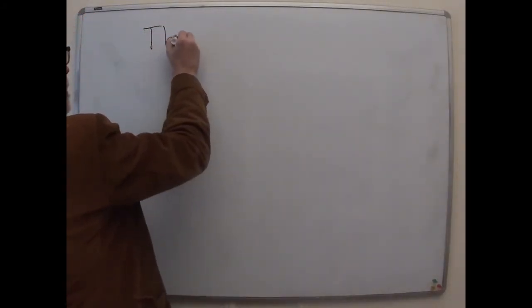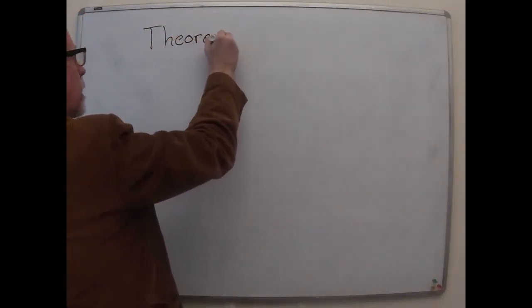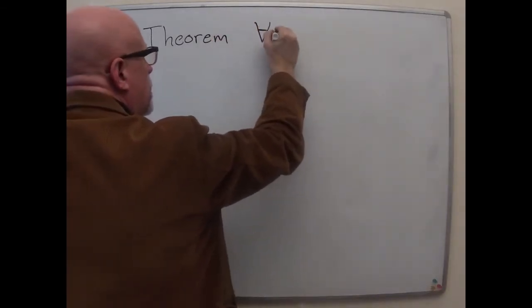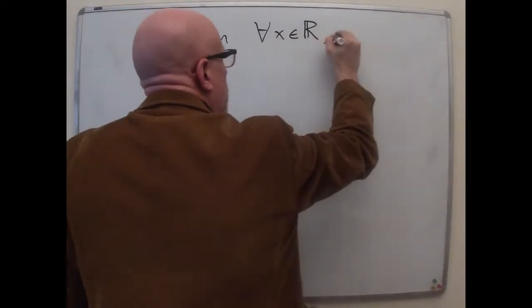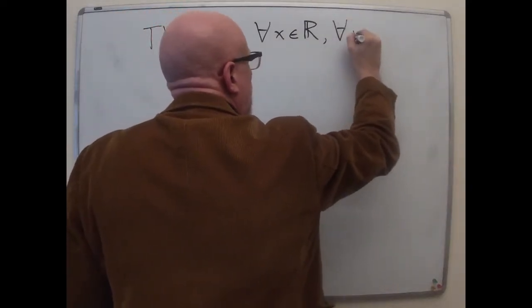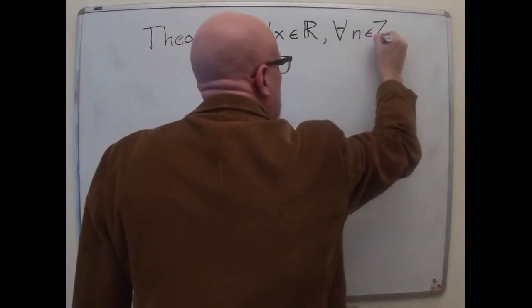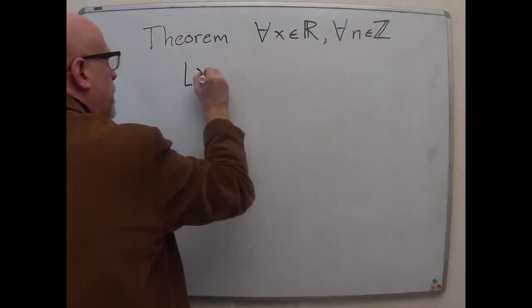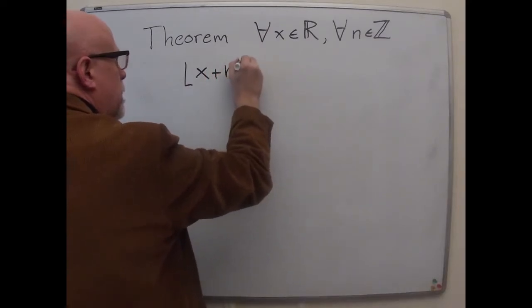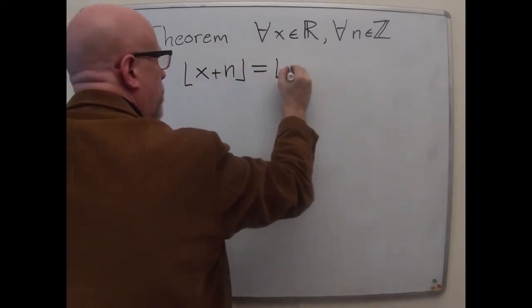This is a theorem. For all x in the reals, for all n in the integers, the floor of x plus n actually is equal to the floor of x.